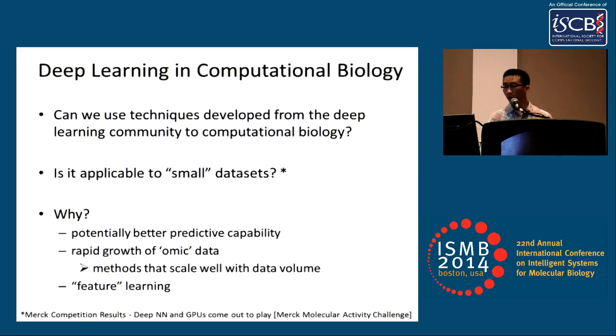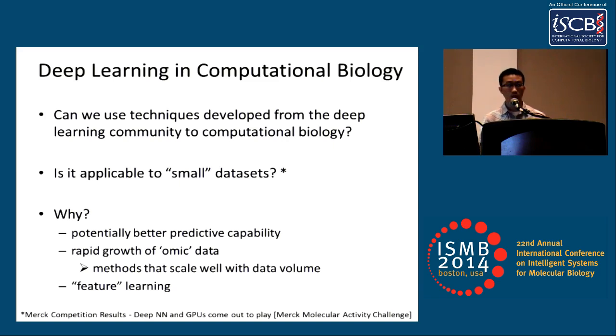Furthermore, deep learning can potentially give us better predictive capability. It might not work for all problems, but it should work well for some. And with the rapid growth of omic data, we do need methods that scale well with data volume, and these deep architectures with GPUs can really scale with data.